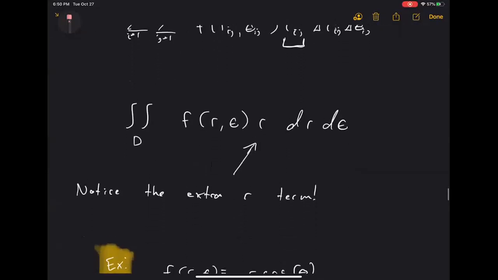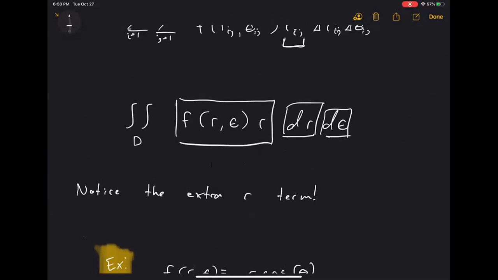Now notice the extra r term here. So I have a double integral. You might see from this notation, this tells me I'm going to integrate in terms of r and integrate in terms of theta. What am I integrating? I'm integrating this right here. So not only do I have my function, I also have this r term. If I'm integrating a function of polar coordinates, I don't just plug my function into the integral.